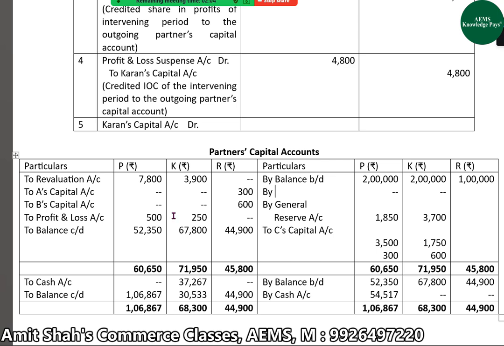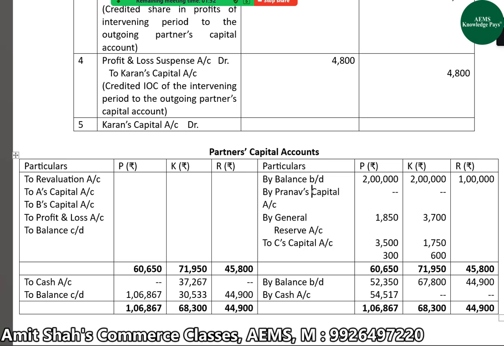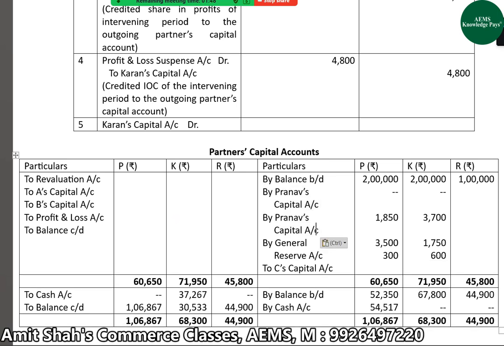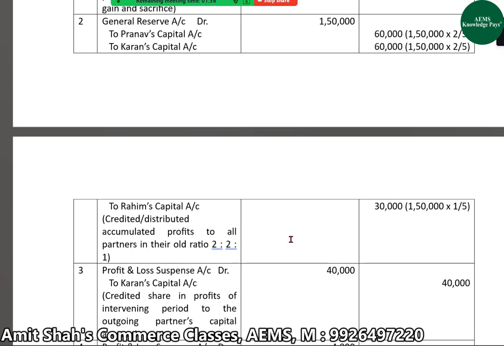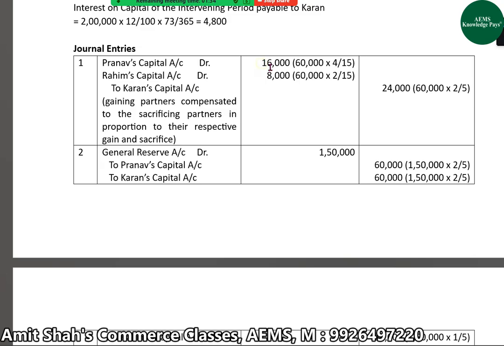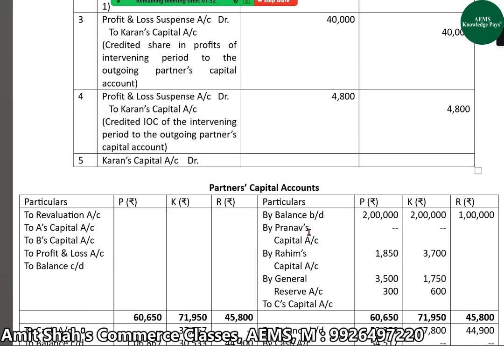Now here we will have Pranav's capital account and Rahim's capital account for the newly valued goodwill, that is to compensate the outgoing partner, and that is 16,000 and 8,000 respectively.